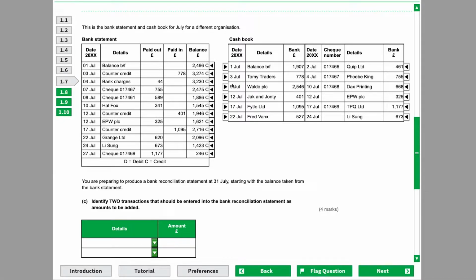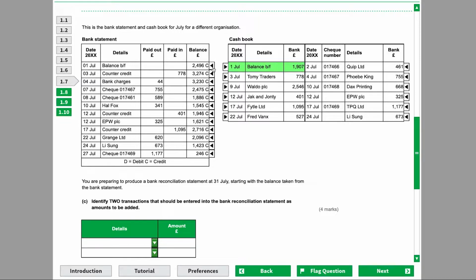And we can see that that relates to this check here, check 017461. So if we did the balance of 2,496 less the check being paid out of 589, that would match with our opening balance within the cash book. Again, this will be down to, or more than likely be down to timing.